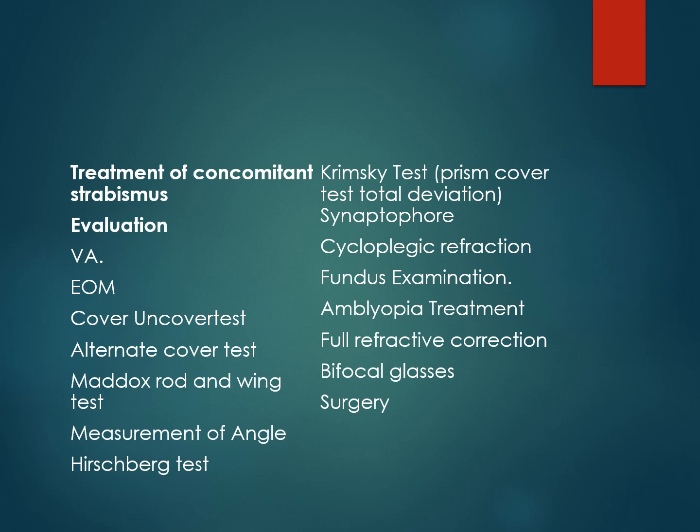Treatment of concomitant squint. First of all, there is evaluation. Visual acuity is checked. Extraocular muscles are checked. Cover and uncover test is done. Alternate cover test is done. Maddox rod and Maddox wing test in 4 years.